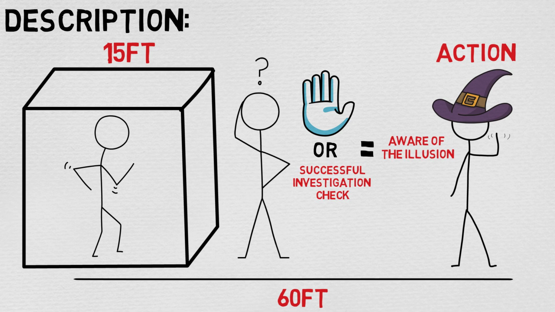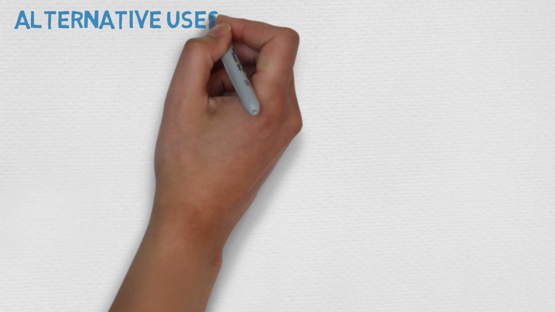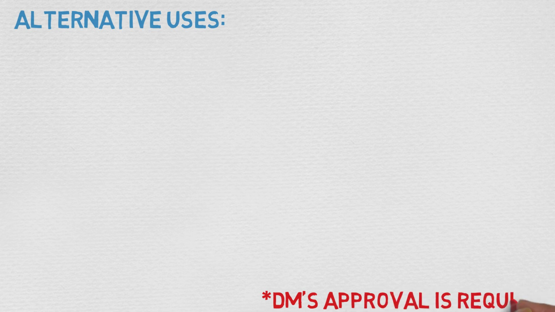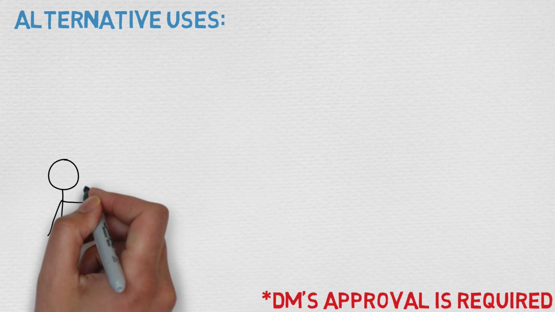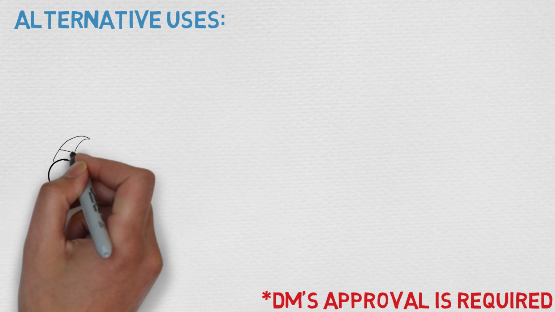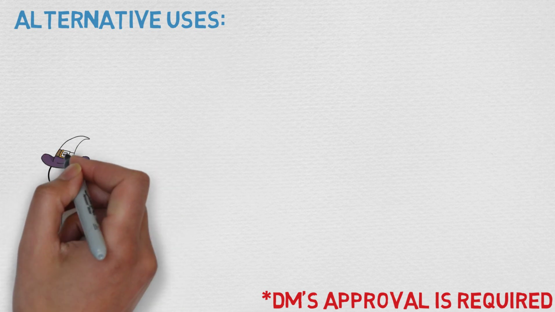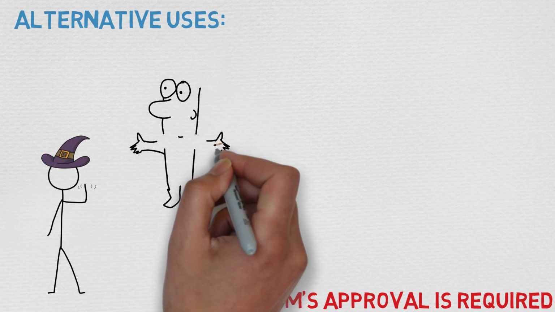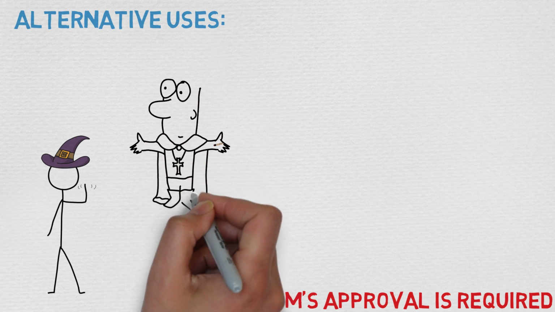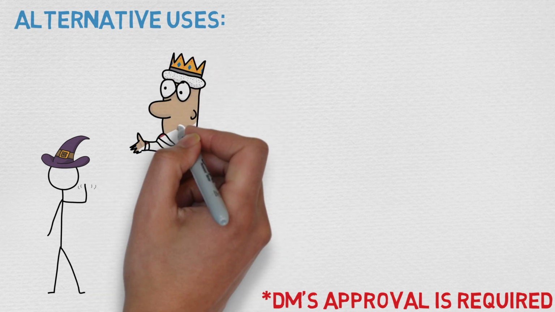Before I get into that, let's take a look at the alternative use section here. Some of the best uses I've seen for Silent Image are creating an important NPC, one that's being hunted by various assassin groups or guilds, and having them act as a decoy. Alternatively, you can disguise yourself or someone else as something relatively inconspicuous, something like a potted plant, for example.